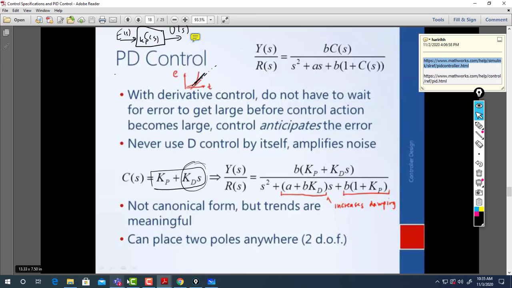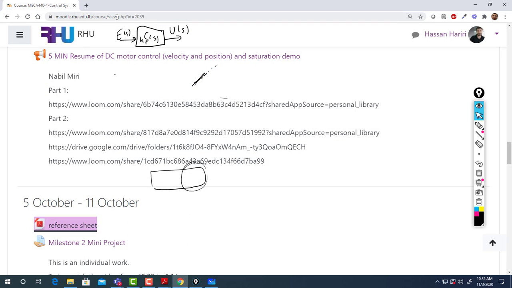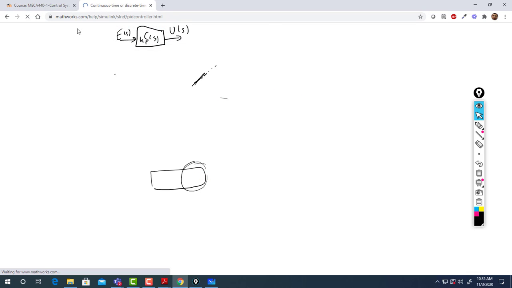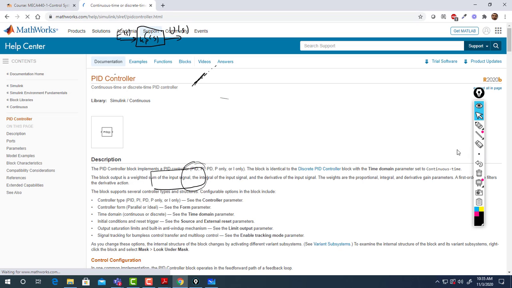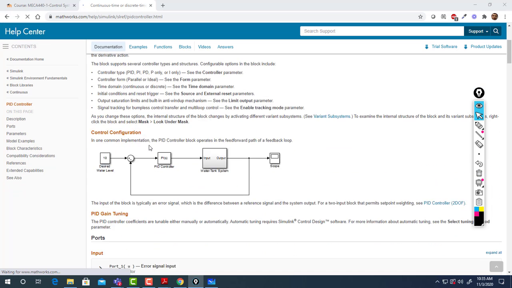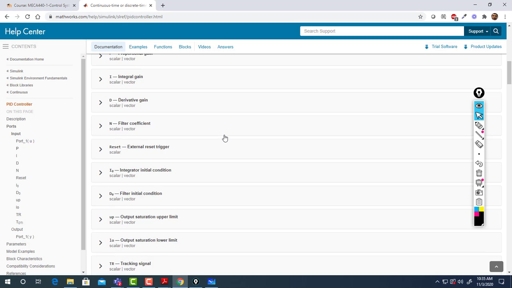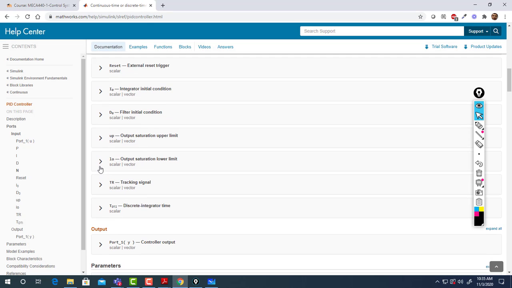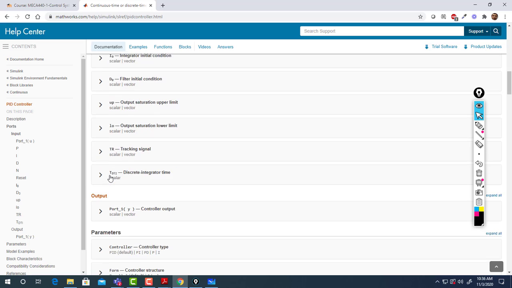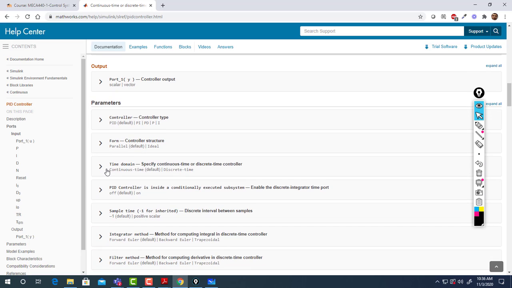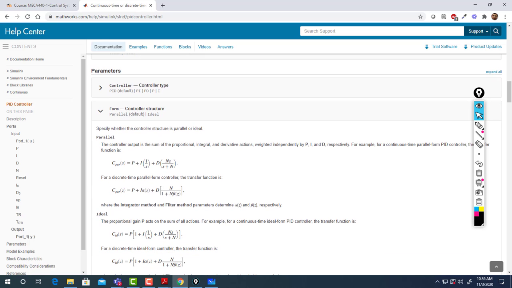So what we saw in MATLAB is the controller structure. We see we don't use Kds.